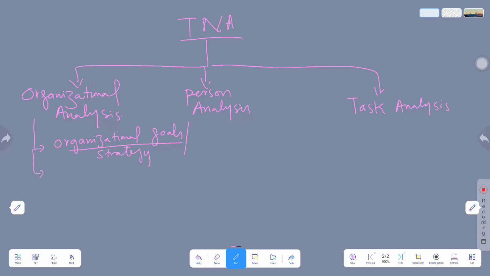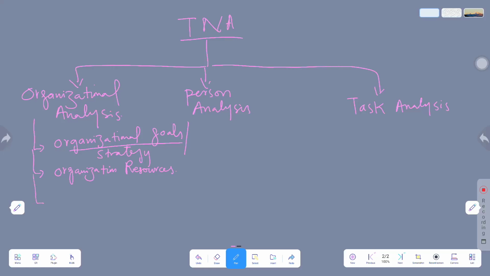Second, we conduct an assessment of organizational resources.